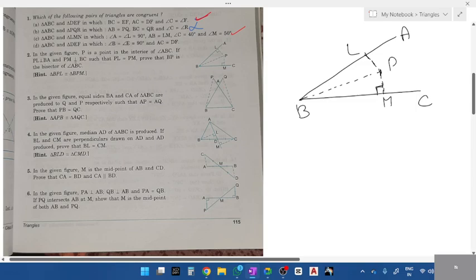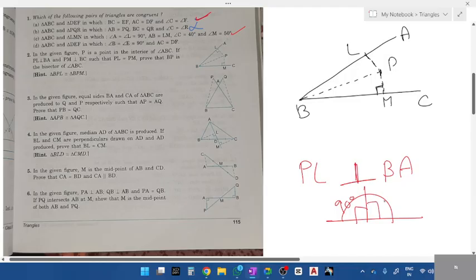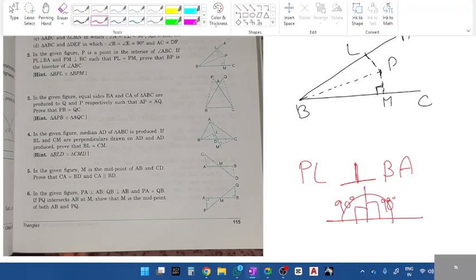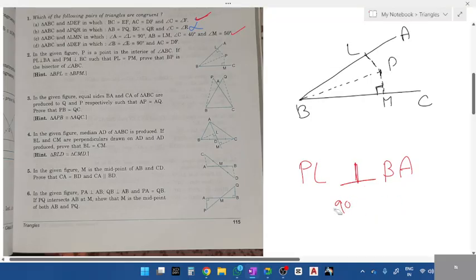Read the second one, students. In the given figure, P is a point in the interior of ABC. If PL is perpendicular to BA, what is this symbol? It's perpendicular. What do you mean by this? If I keep a protractor, what will be the value? 90 degrees, which means this symbol we call perpendicular, students.